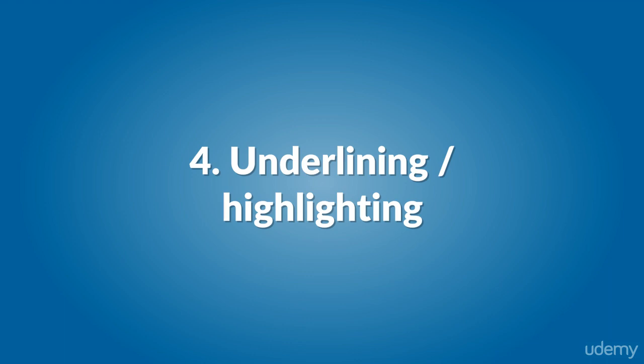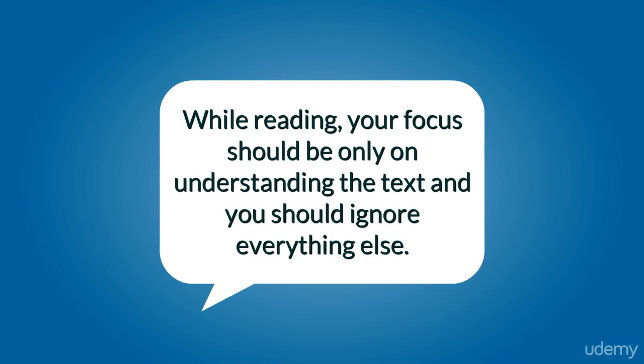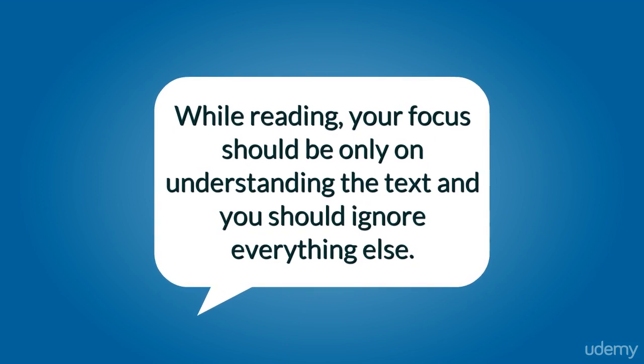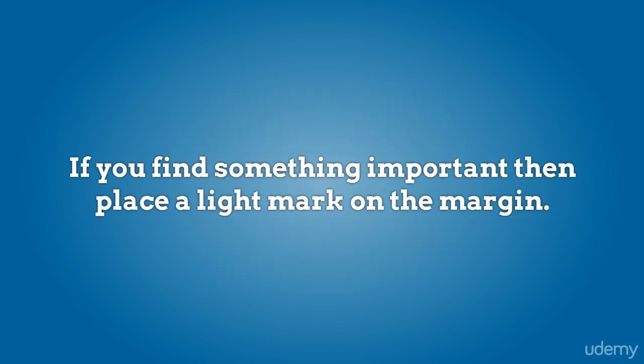On the other hand, if you find a really important concept and you want to underline or highlight it, then place a light mark on the margin of the page. You can come back to these marks in the later stages. If you don't stop for underlining or highlighting, your focus on the text is improved, and it saves a lot of time in the long run.